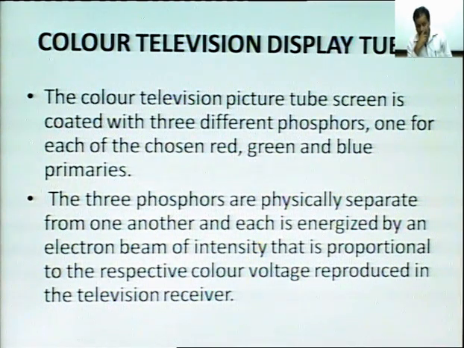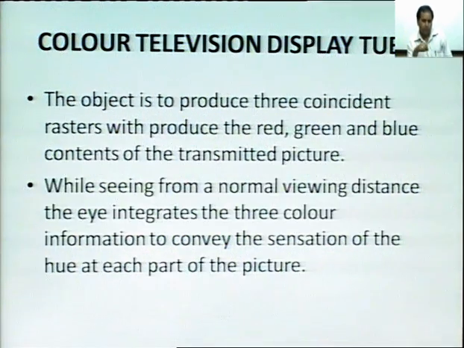As I explained earlier, these three spots are designated for three different electron guns, and each gun is made to strike its respective spot. The objective is to reproduce three coincident rasters which produce the red, green and blue content of the transmitted picture.